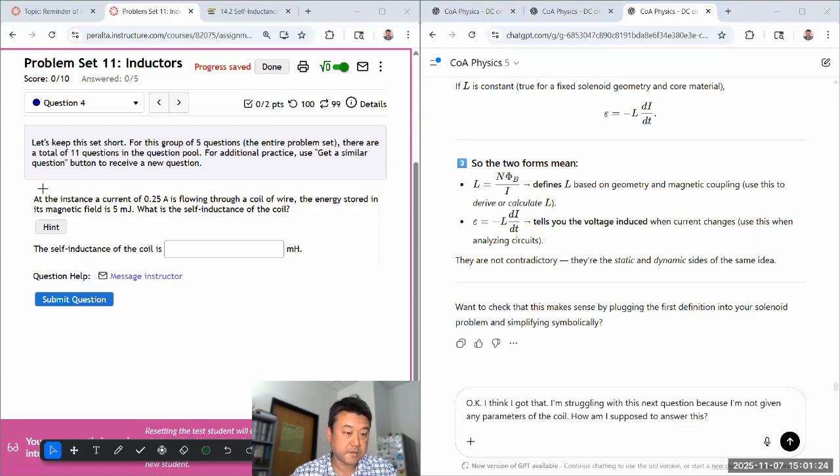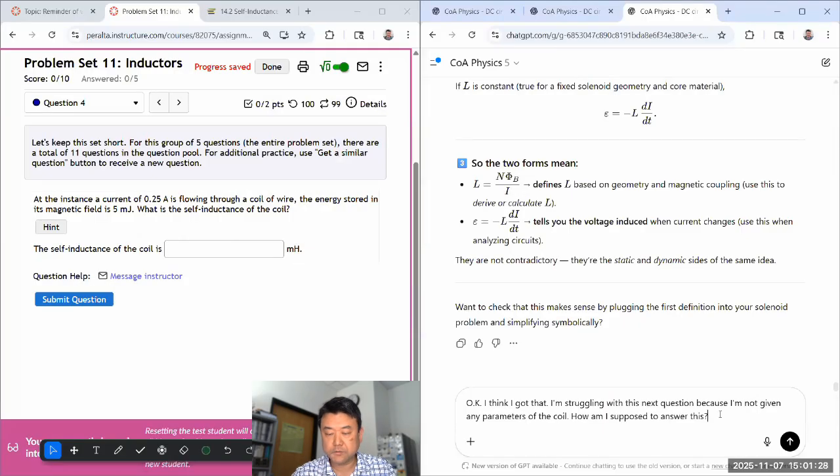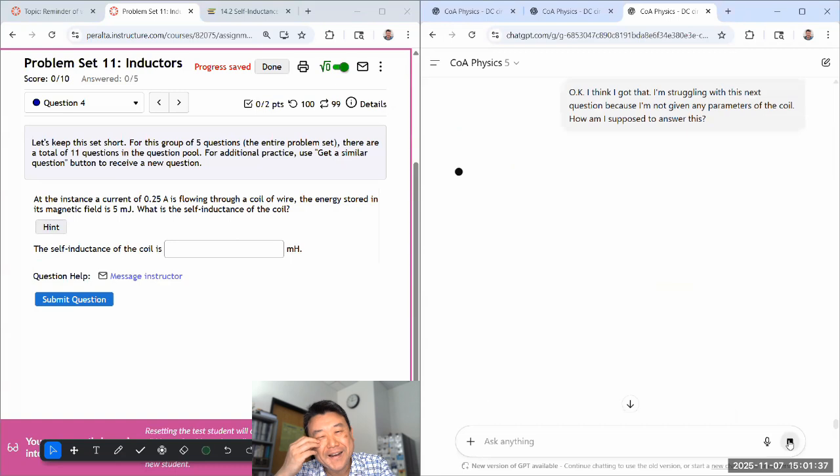And how is, through application of energy principles, energy stored. So through the energy, there's a formula for energy stored in an inductor as a function of current. It gave you the current, and you can relate inductance to that. And CoA Physics GPT will probably give you that formula.